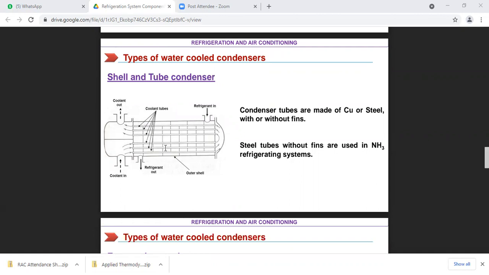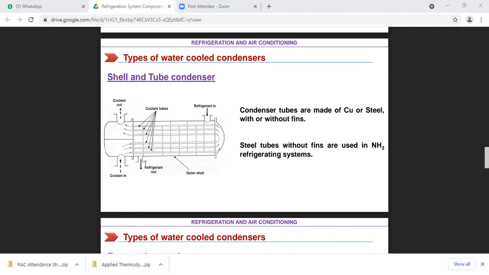This water is coming from the cooling tower or the pond. The condensed liquid is drained off from the bottom. The bottom portion of the condenser serves as the liquid receiver.